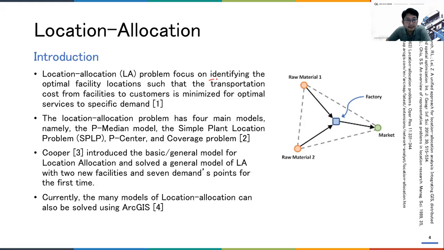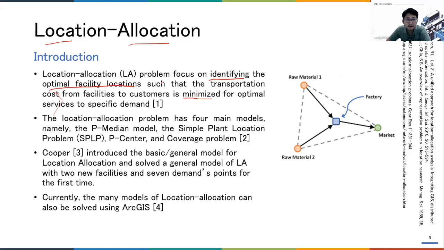Okay, identifying the optimal facility. It means you want to open or you want to close a facility. Those are location and allocation. And like every other optimization problem, it will be either minimization or maximization.